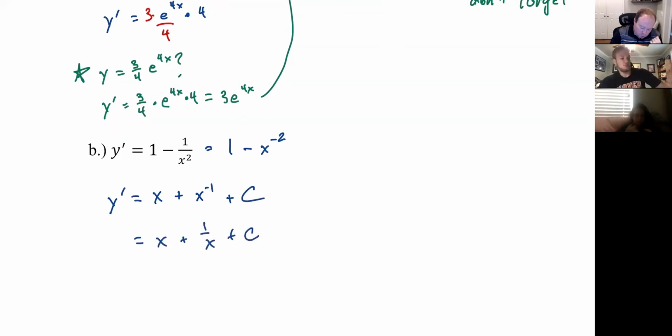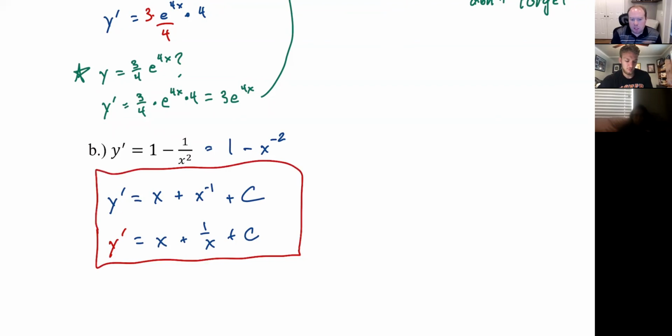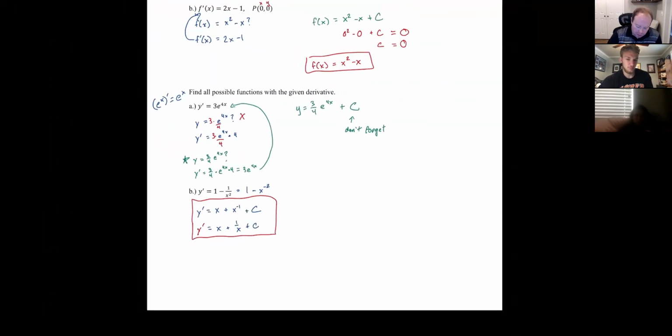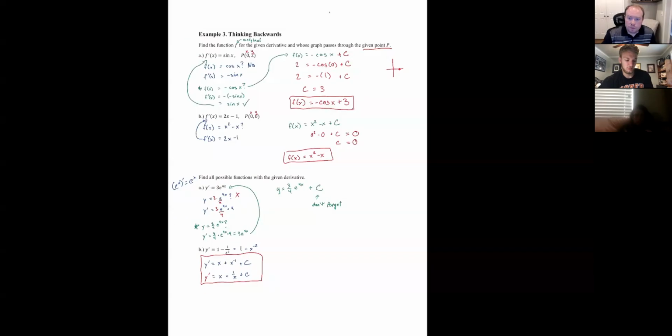We've taken these derivatives quite often, so hopefully you recognize a few of these just from our work so far. So again, don't forget the plus c, but here is our answer. Same answer, just different forms depending on what I did with the power function. But this is the process of thinking backwards to obtain our original function.